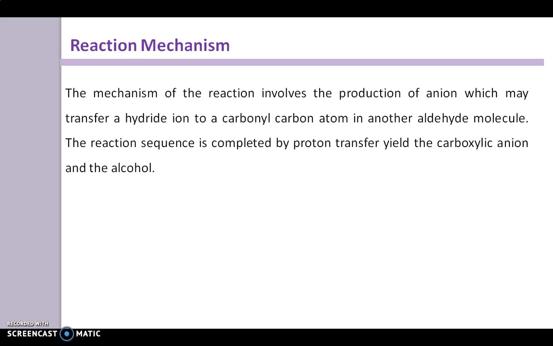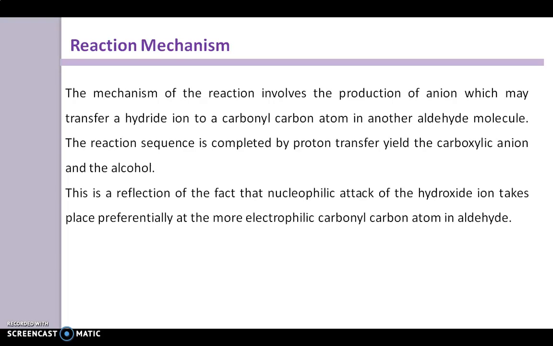The mechanism of the reaction involves the production of an anion in the first step. This anion transfers a hydride ion to the carbonyl carbon atom in another aldehyde molecule. The reaction sequence is completed by proton transfer and yields the carboxylic anion and the alcohol.